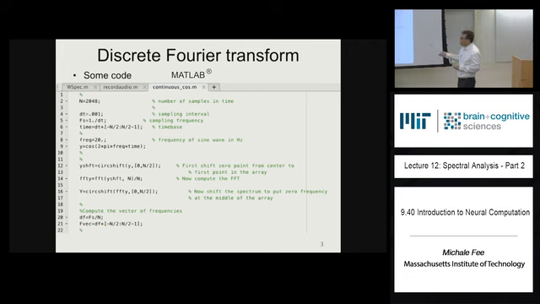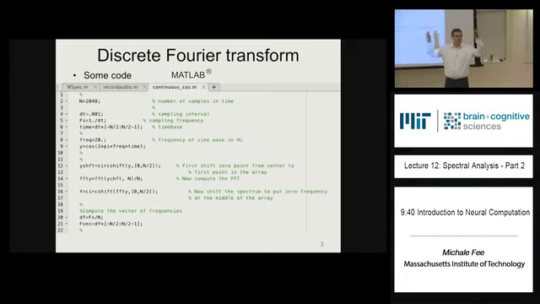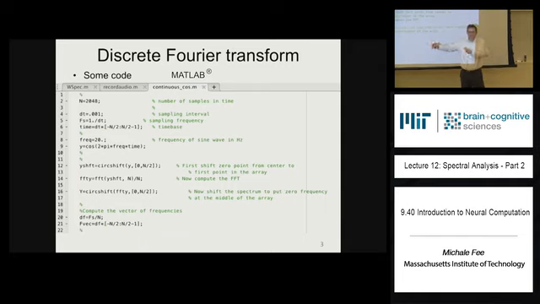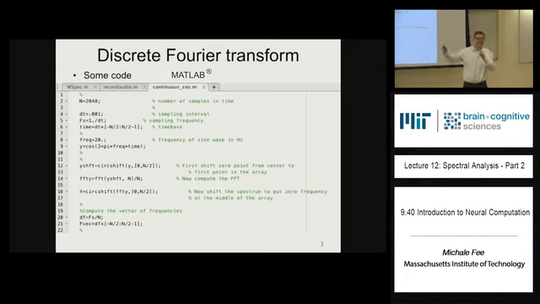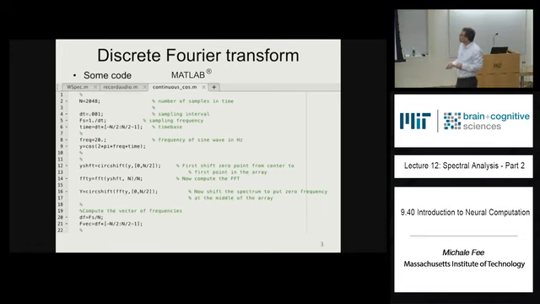The FFT algorithm is expecting the first half of the data in the second half of the data vector. Don't ask me why, but we just do a circular shift, run the FFT, and then circular shift again to get the negative frequencies in the first half of the vector. And then you can plot the Fourier transform of your function.